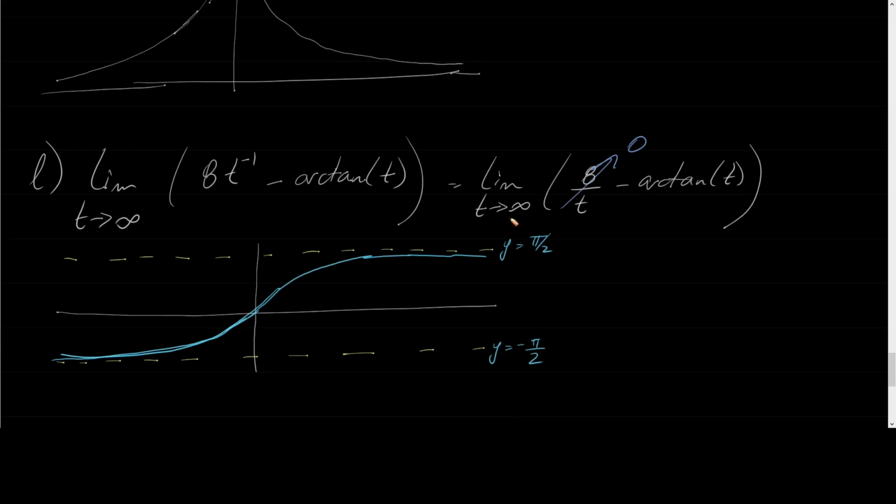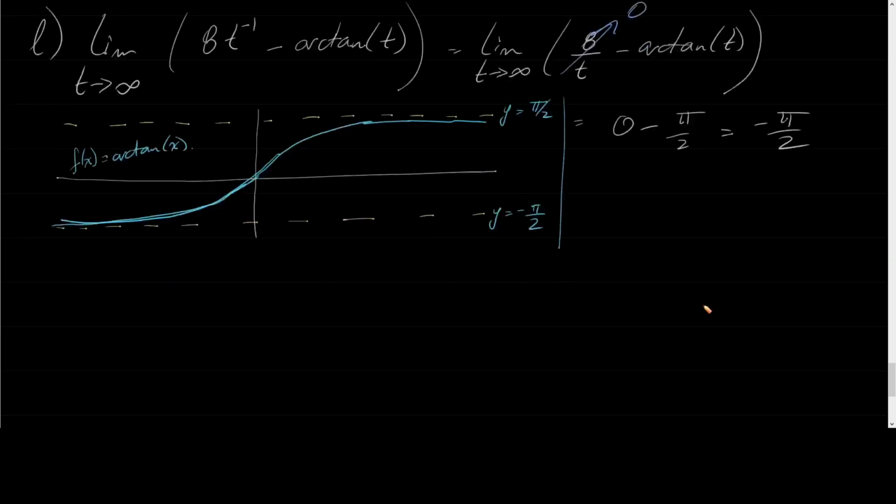So as t goes to infinity, arctan goes to pi over 2. So perhaps I should say here this is f of x equals arctan of x. So arctan is going to pi over 2. So what we get in this limit is 0 minus pi over 2, giving us negative pi over 2. Right?